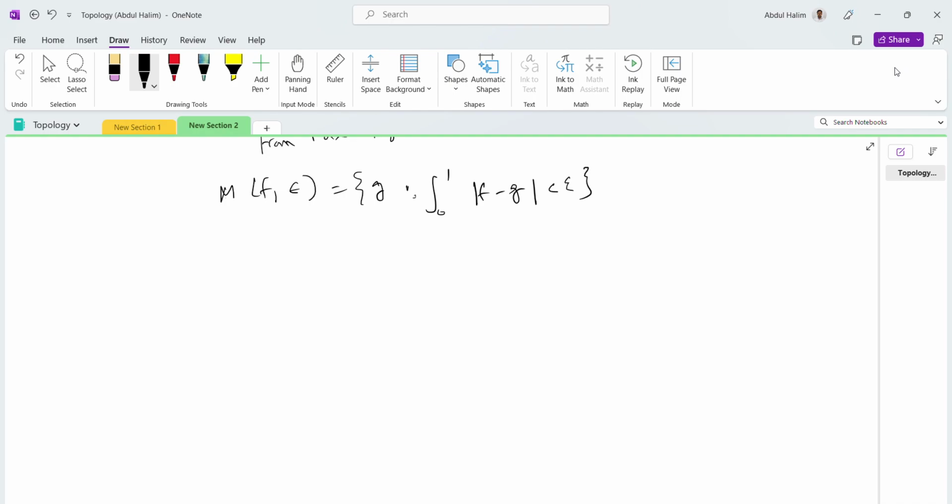It is a bit difficult, but I will discuss it now. Okay, let me leave it for an exercise. Epsilon equal to 0 to 1, mod f minus c mod less than epsilon.